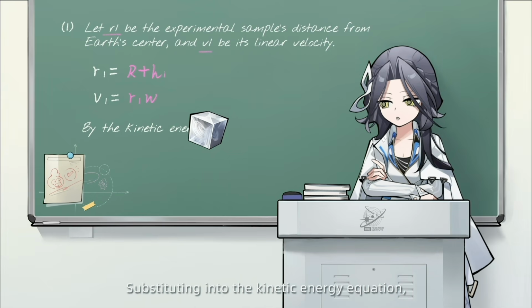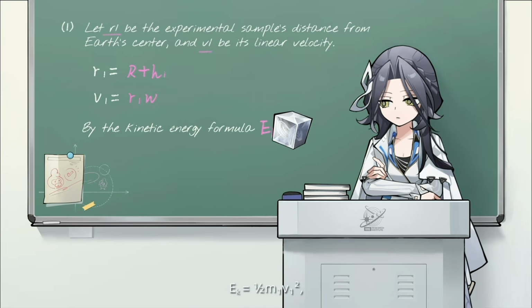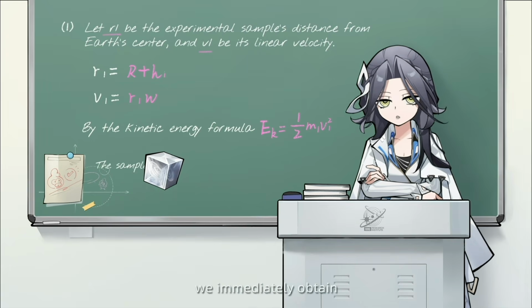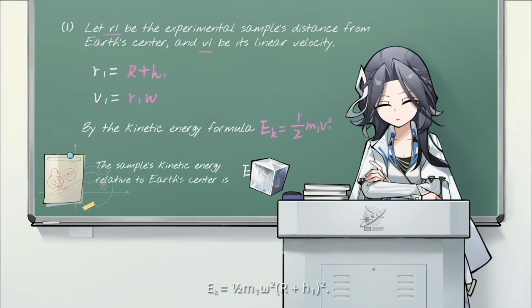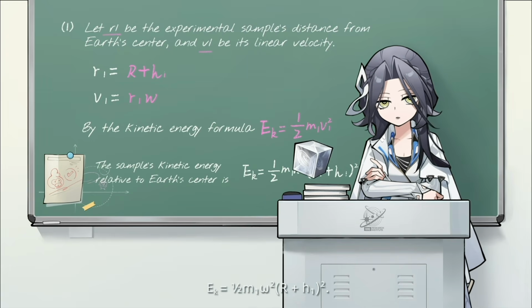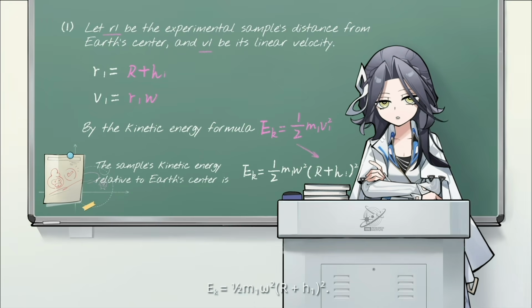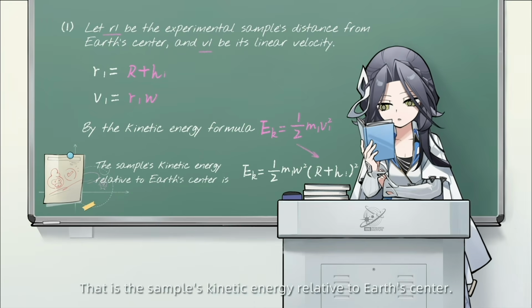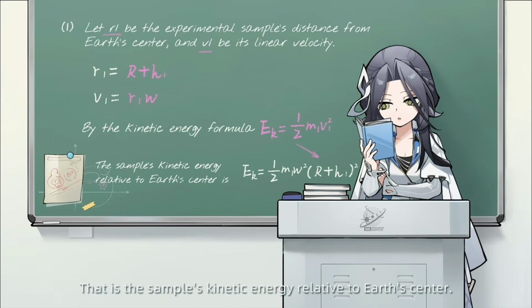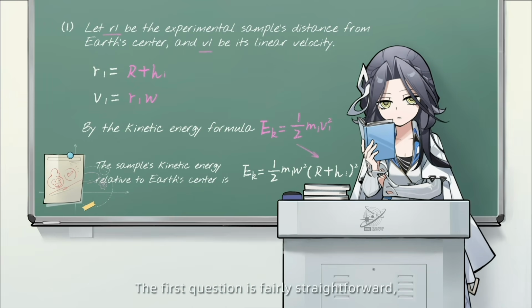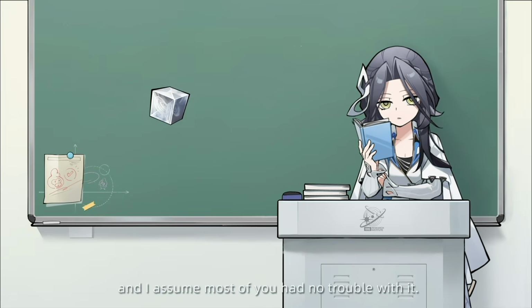Substituting into the kinetic energy equation, Ek equals 1/2 m1 v1 squared, we immediately obtain Ek equals 1/2 m1 omega squared times the quantity (R plus h1) all squared. That is the sample's kinetic energy relative to Earth's center. The first question is fairly straightforward, and I assume most of you had no trouble with it.